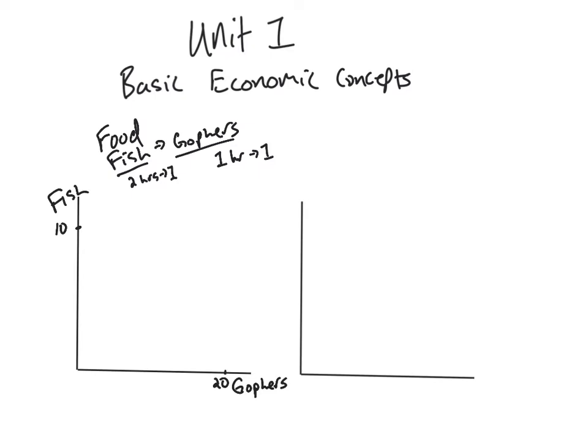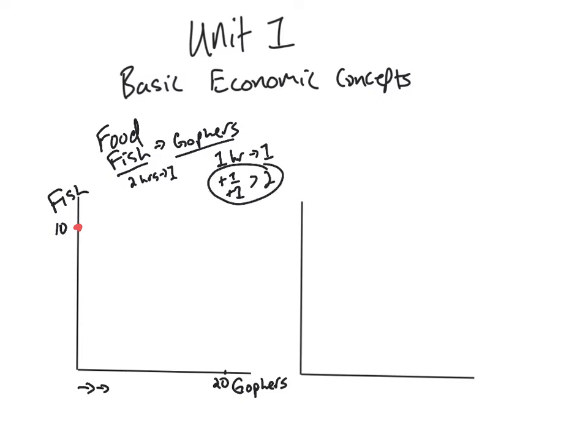So what would happen if he's at this point right up here, and he decides, you know what, I actually would like to catch 2 gophers? He takes an hour over here for each gopher, and so he's caught 2 gophers.